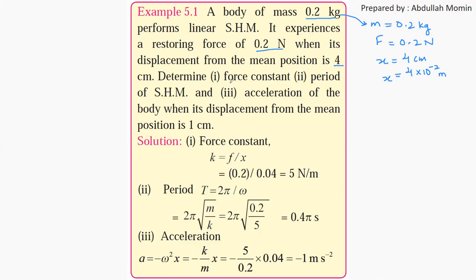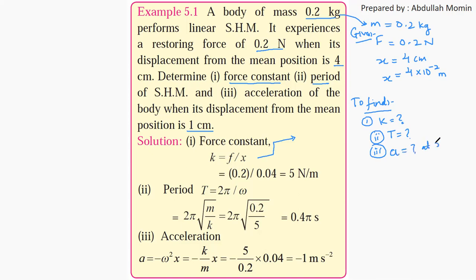We are supposed to find out the force constant K, the period of SHM T, and the acceleration of the body when its displacement from the mean position is 1 centimeter.